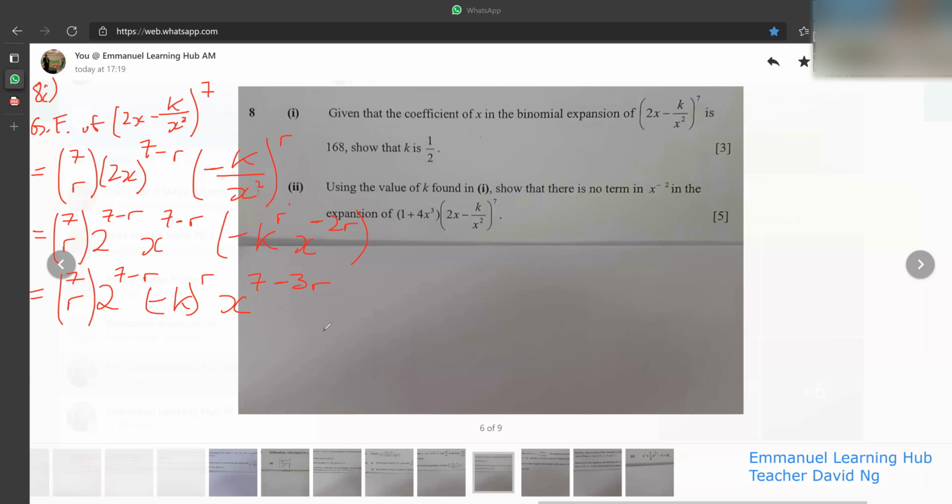That's why you need this. Then they say in this expression, 7 minus 3r equal to 1. r is equal to 2. So the coefficient of x is 168.